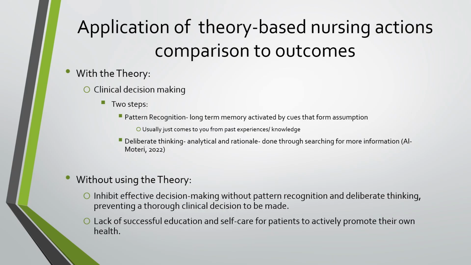In contrast, without using the processing theory, it inhibits effective decision making without pattern recognition and deliberate thinking, preventing a thorough clinical decision to be made. It would also inhibit the ability for patients to use the traditional 5 steps of processing and lack a successful education and self-care to promote their own health.